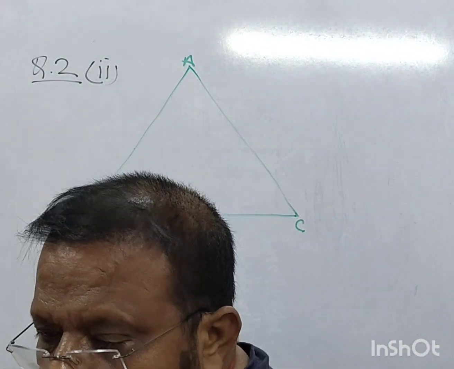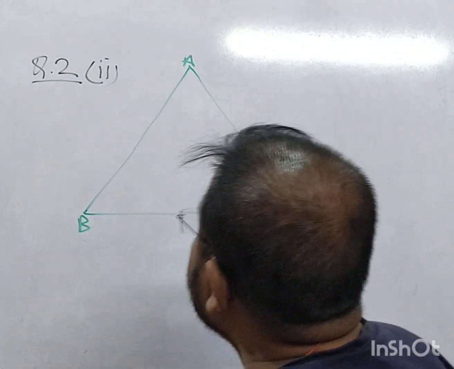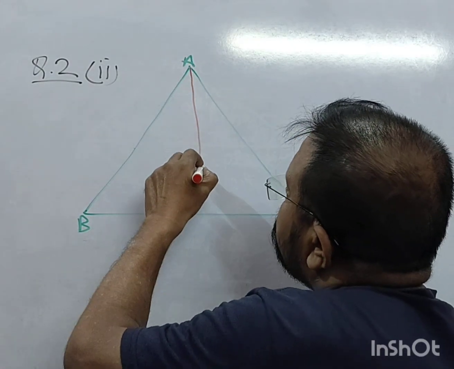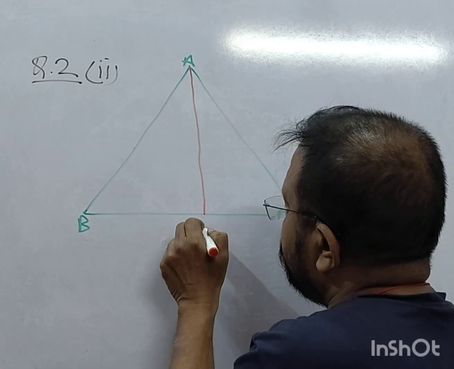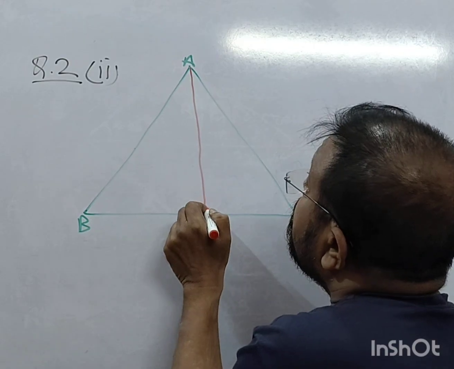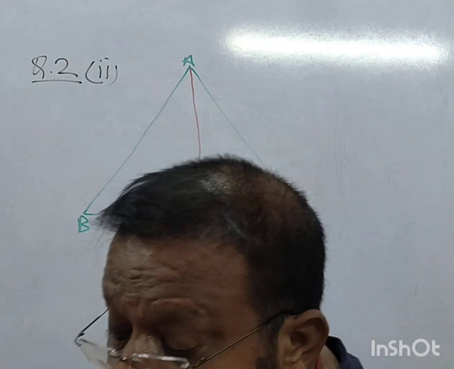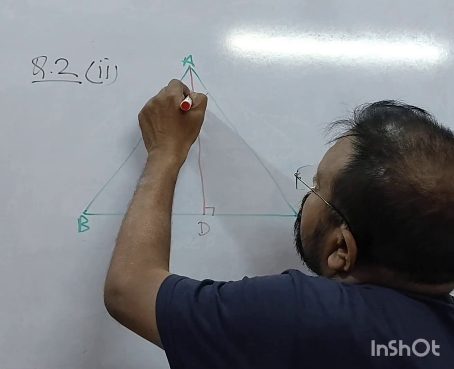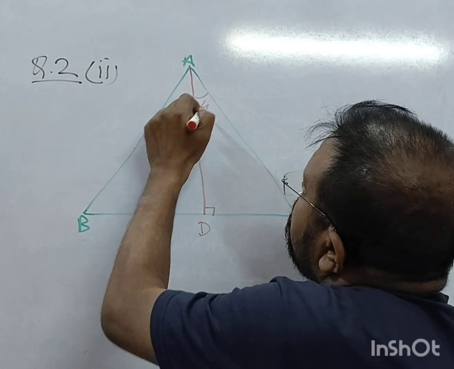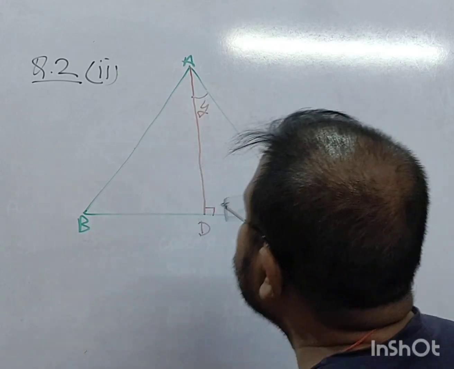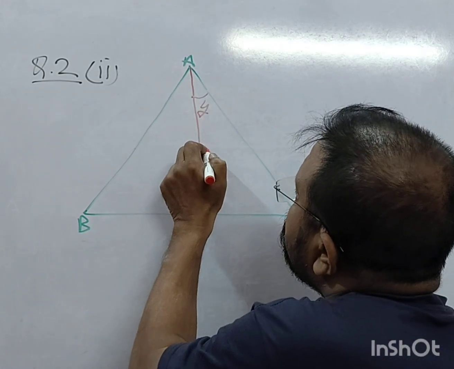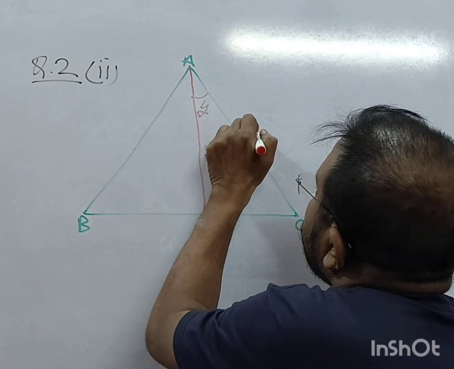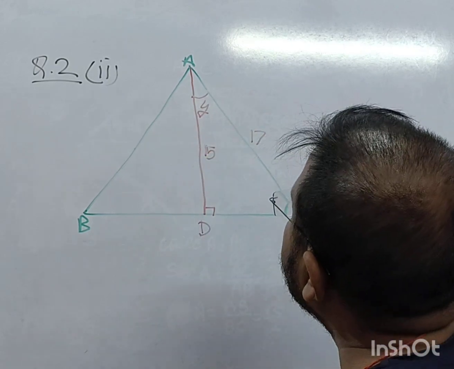There is a perpendicular, that is AD. This is angle Y. So this is of 15. This is of 17.